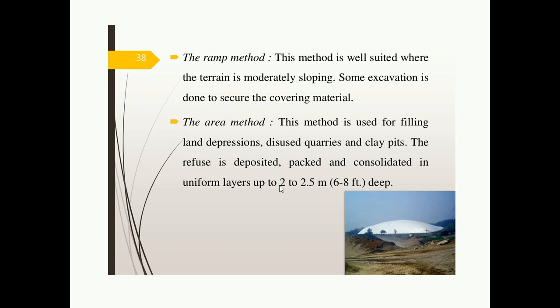Some excavation is done to secure the covering material. In this ramp method, we excavate some soil material at the bottom, place the refuse, and cover it with a ramp-like structure.